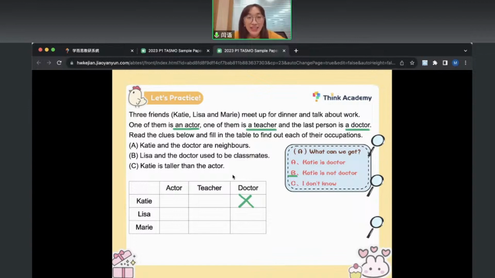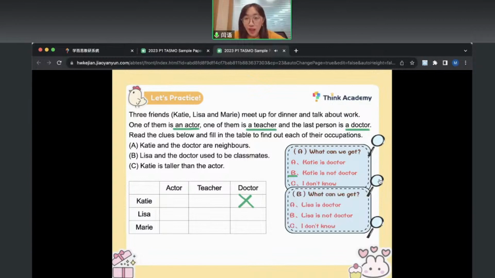Okay, so here, let's move on to sentence B. Lisa and the doctor used to be classmates. So according to the second sentence, what can we get? Lisa is a doctor. Lisa is not a doctor, or I don't know. Which one? Yes, super good.